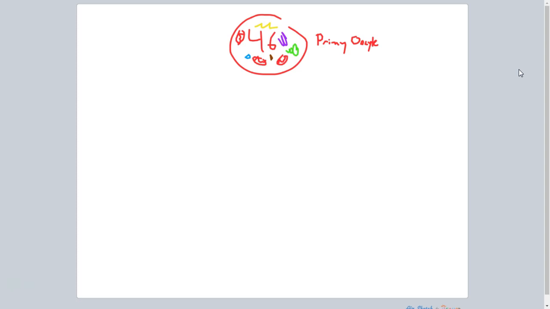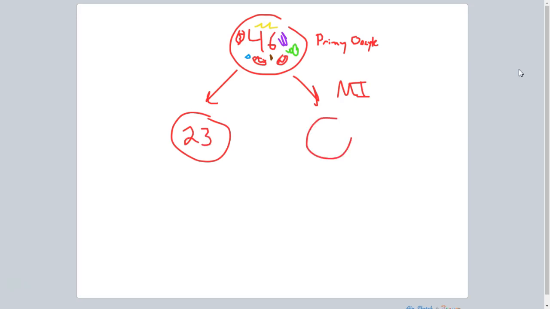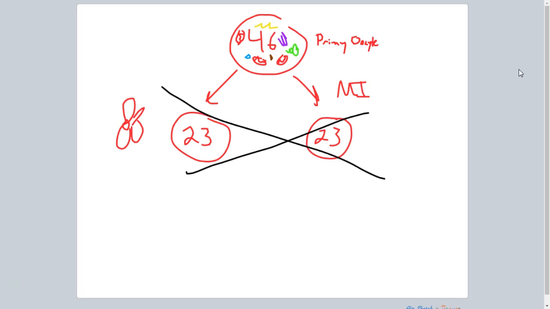So when this primary oocyte undergoes meiosis I, and those 23 chromosomes are given into 2 different cells, again, homologous chromosomes are separated in meiosis I, so our chromosomes look like that. We cannot have an equal distribution of cell material.